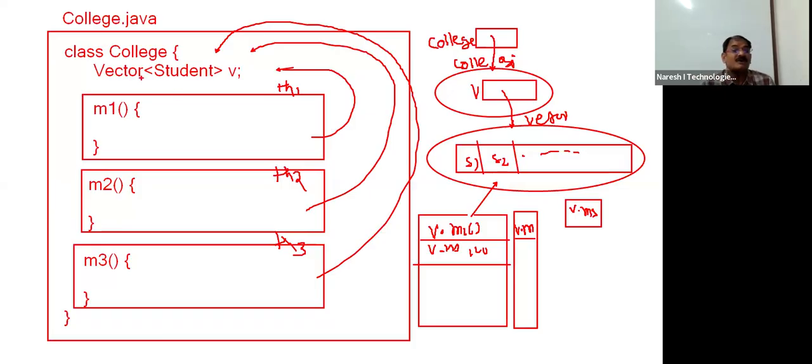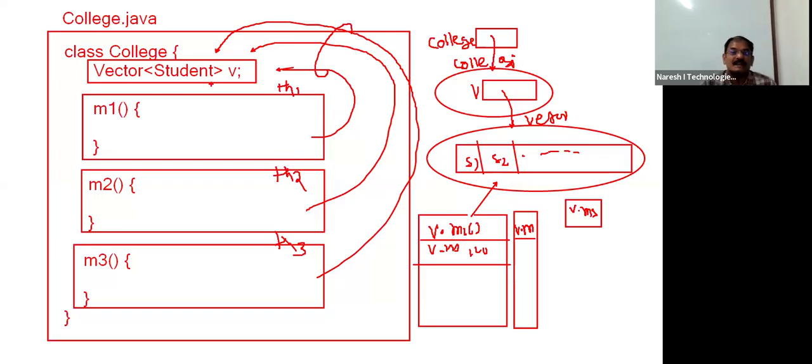Whenever you create a collection object at class level and access it in multiple methods, there is a chance multiple threads may come into the picture.